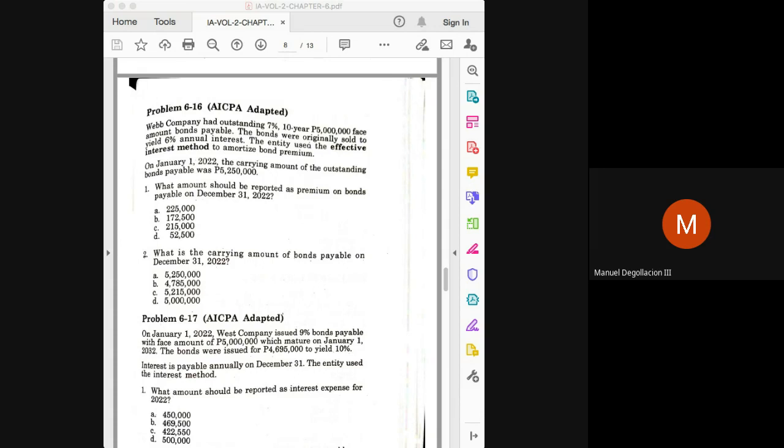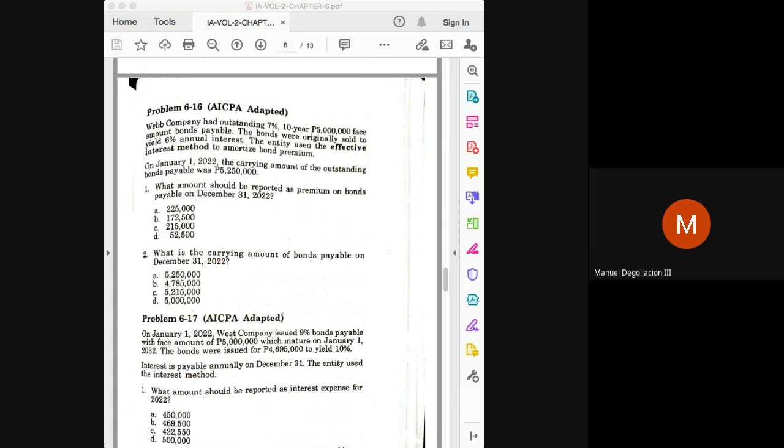I'm taking this down because I want us to use this problem and compute for those same items, but using the straight line method, just for you to have a comparison on the difference in the amounts. I believe some of you might be confused on the straight line method and the effective interest method, on what to do for each.